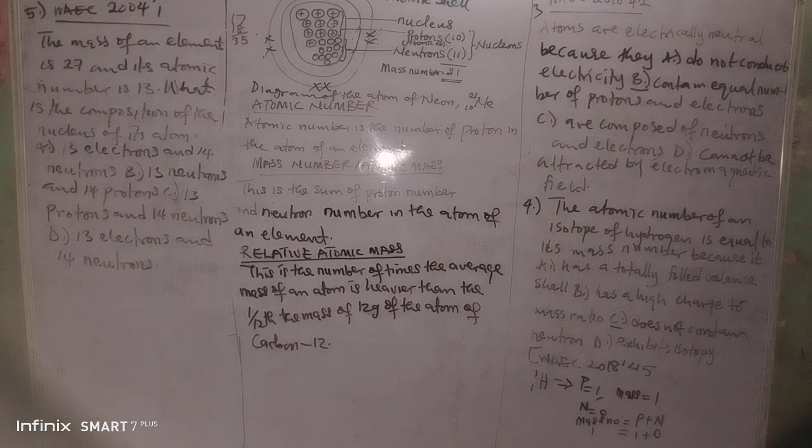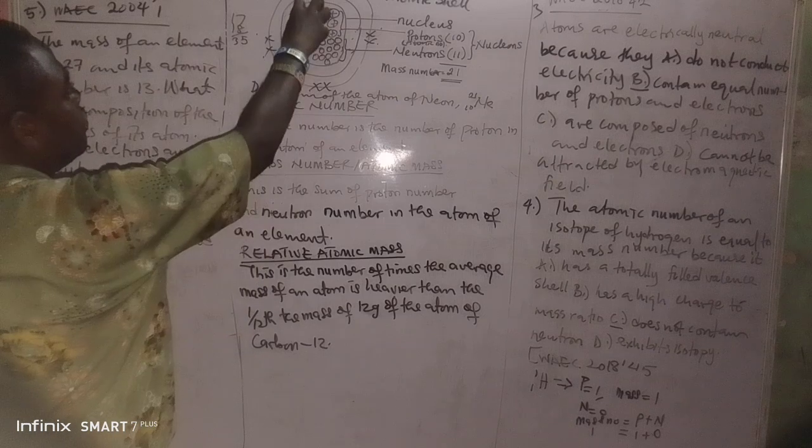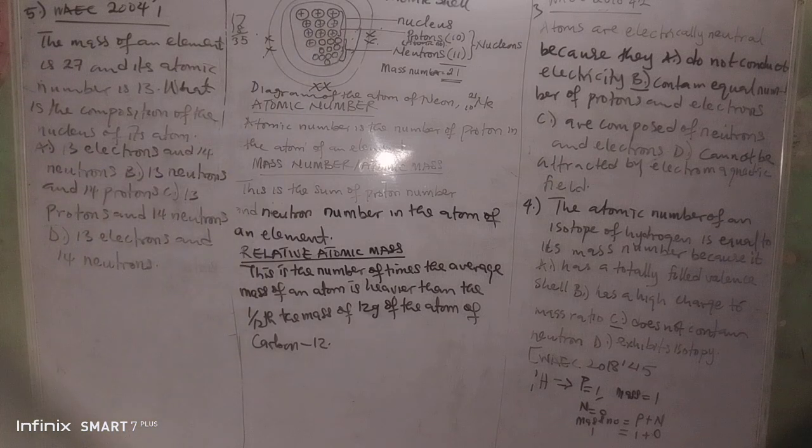From here, you will know that in the nucleus we have protons and neutrons. They say the mass number is 27, and its atomic number is 13. Don't forget, atomic number is the same as the number of protons.